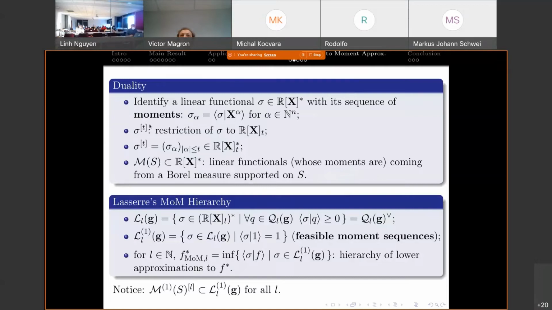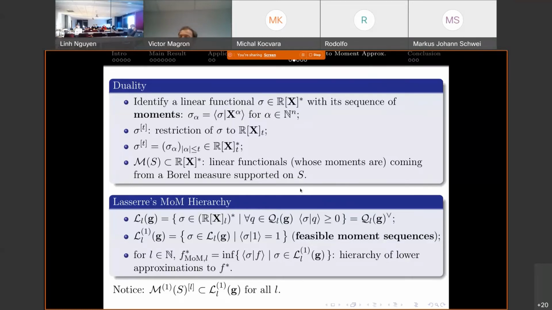And we need also the notion of restriction of a linear function sigma to polynomials of degree at most t, or in coordinates, if you prefer, sigma t are the moments sigma alpha such that alpha has norm smaller or equal than t. Okay, and with a slight abuse of notation, we will consider Borel measures supported on S as linear functionals. So we identify measures with their moments somehow to simplify the notation.